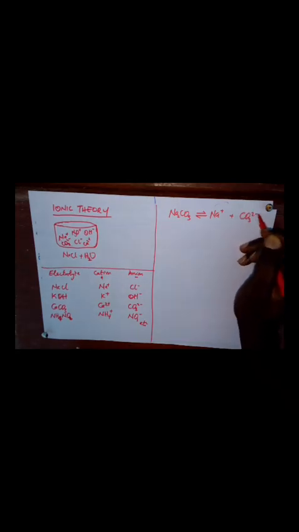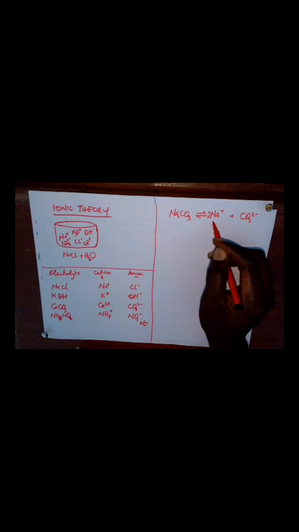Of course, if you balance, you have two of these to 1. The ratio is 2 is to 1. So if you have 1 mole of this dissolved in water, inside that 1 mole, you have 2 times sodium ions than the carbonate ions. So that is Arrhenius theory in a nutshell.